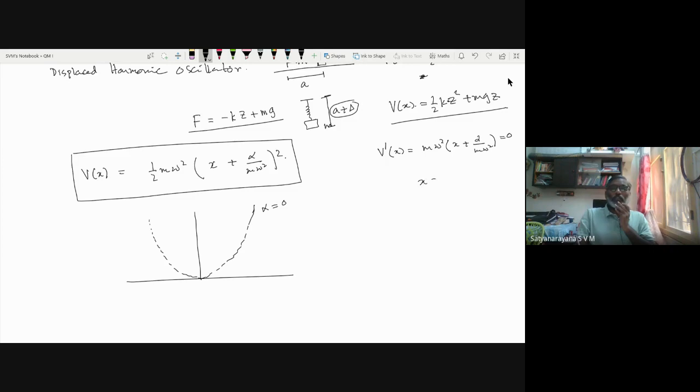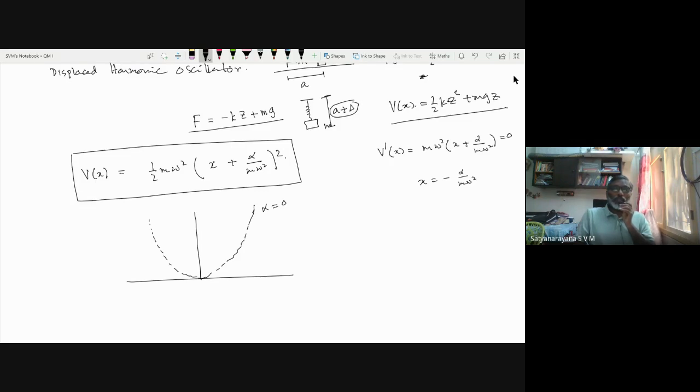That means x is equal to minus alpha by m omega square. Is that correct? So that is the point at which its derivative is 0.